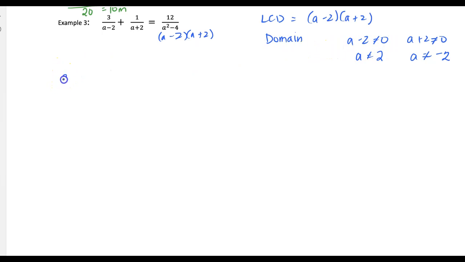Like before, I'm going to go ahead and write down each term, and I tend to leave space in between so that I can then in my next step distribute that common denominator of a minus 2, a plus 2 to the numerator.